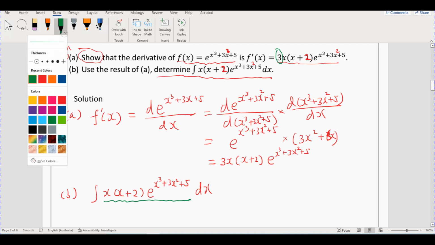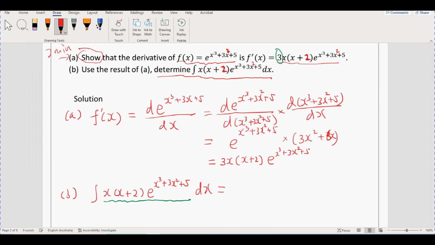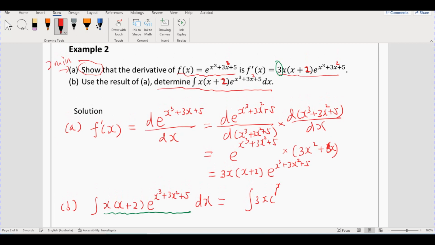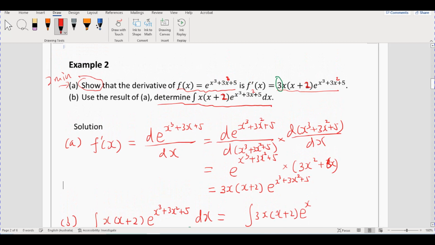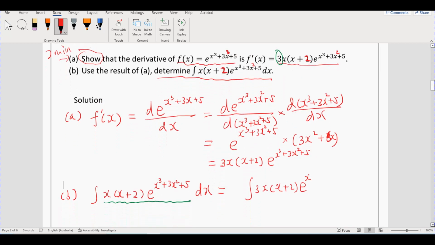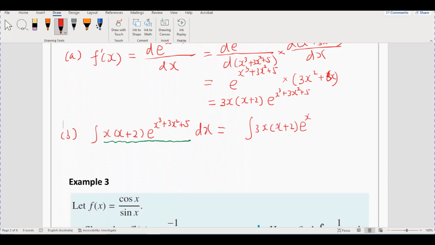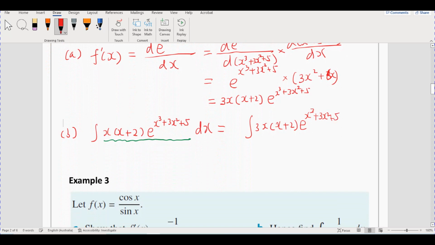So what I'm going to do is write a 3 in front of it. But the problem is you can't just add a 3, because there's no such 3 in your original integration.